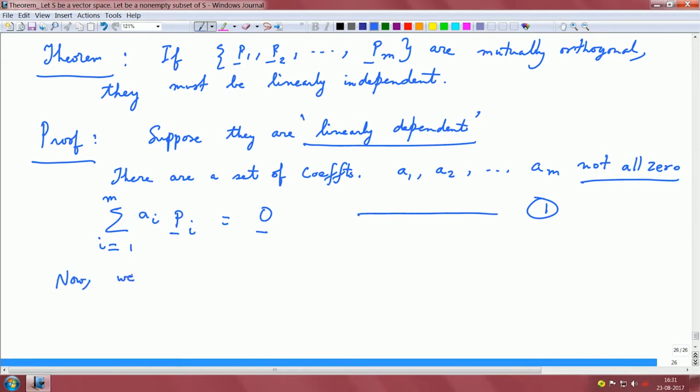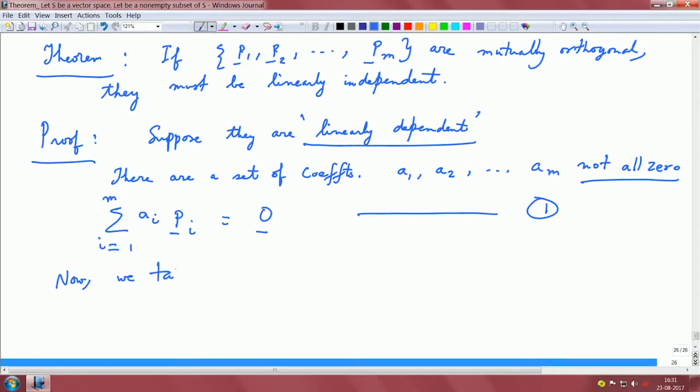Now, the trick here is to take the inner product of all these pi's with equation 1 and come up with some simplified set of equations assuming that they are mutually orthogonal, and then see if our assumption that they are linearly dependent is violated or not.